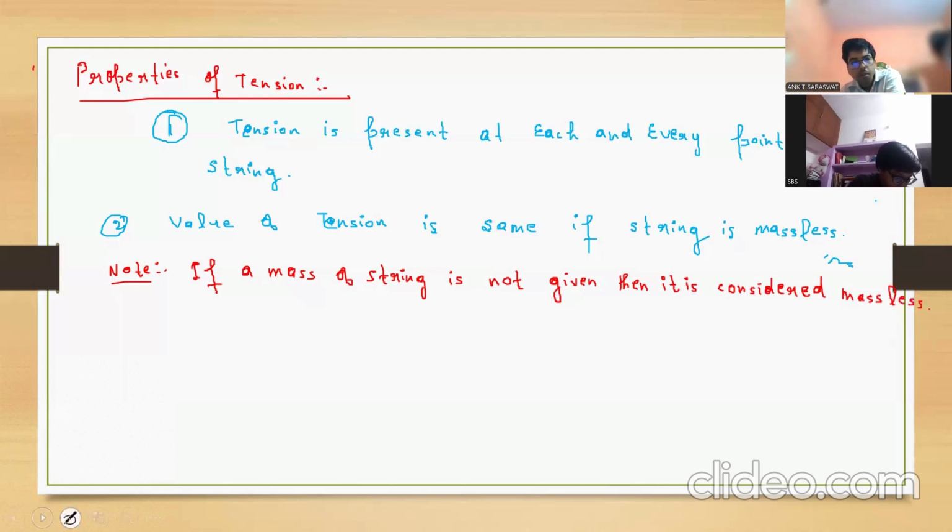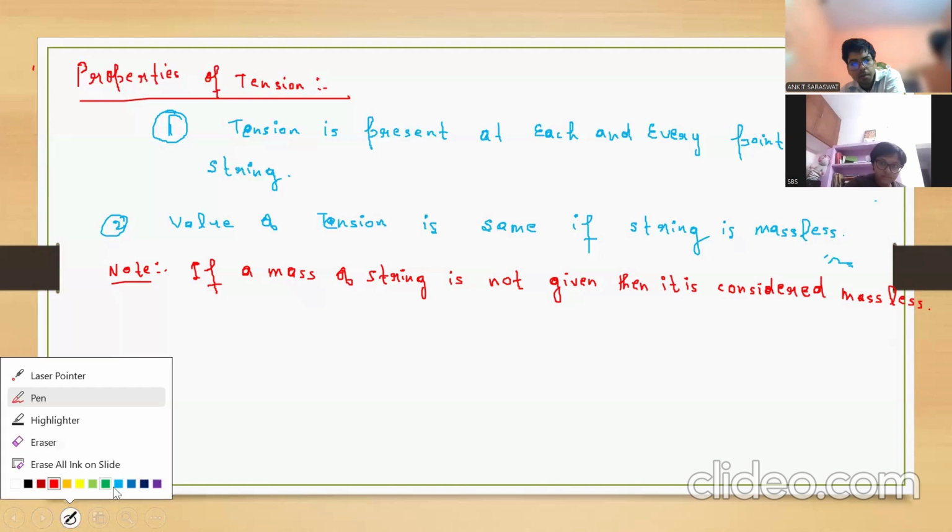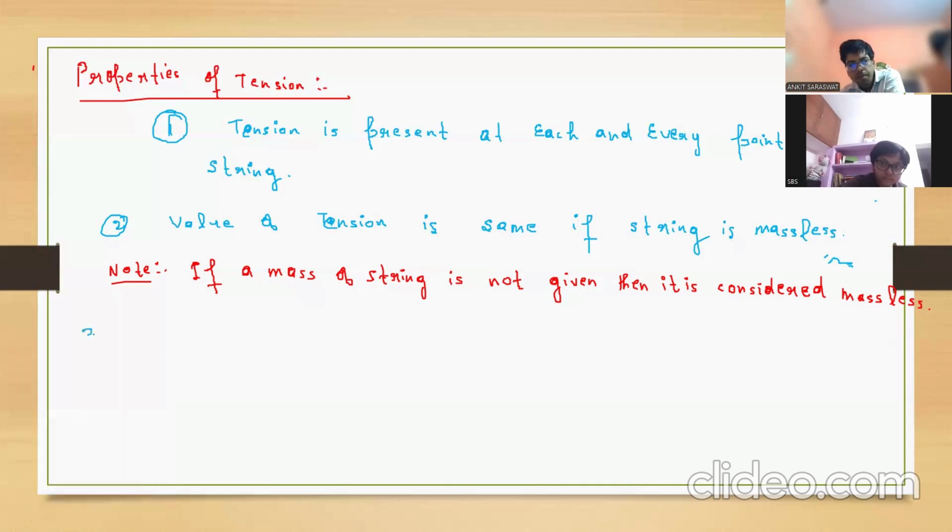Okay. Next point, third point. Tension on both sides of the pulley is same if the pulley is massless or smooth.